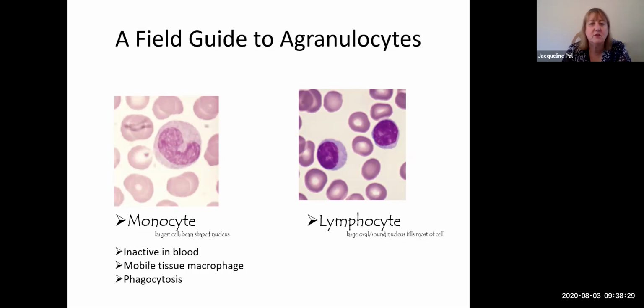So in the lymphocytes, the nucleus is going to fill the vast majority of the cell. And lymphocytes, these are the cells you may have heard of called B cells and T cells, because those are B lymphocytes and T lymphocytes. And then there's another related cell you may or may not have heard of called the natural killer cell.